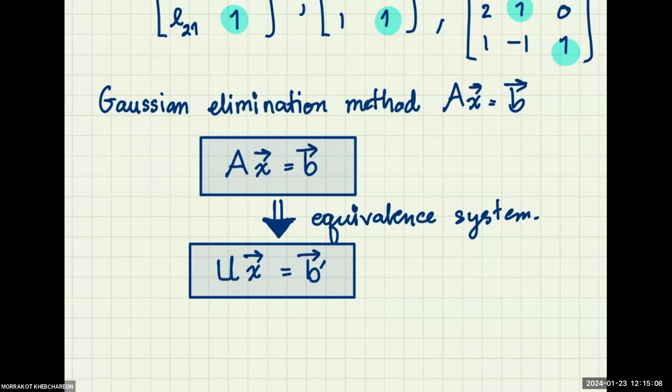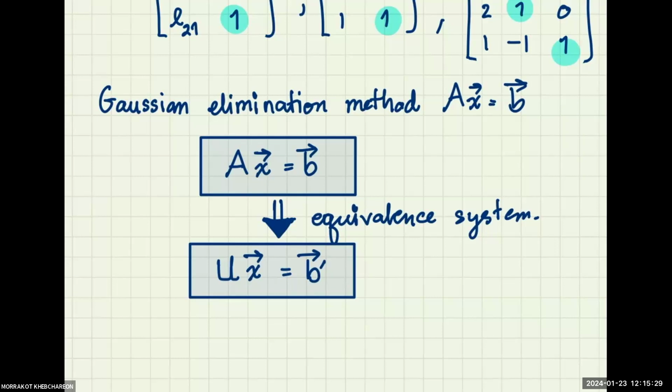The right hand side also is changed. I use B prime, it is changing, but X remains the same. It's the way that we do it to make the complex system into the easiest one, okay?